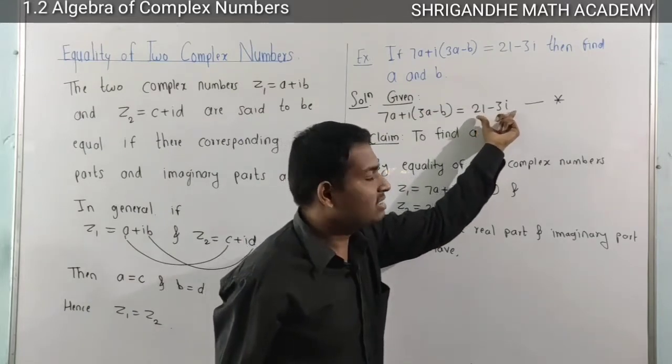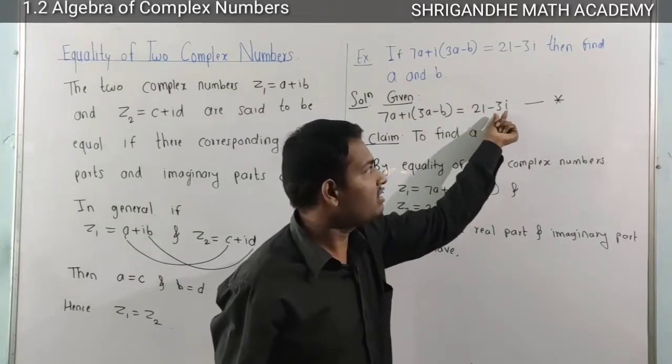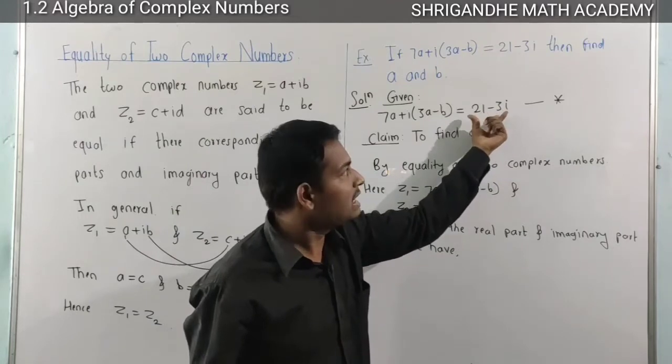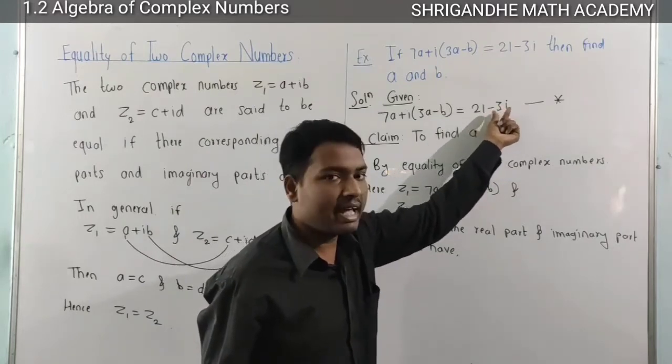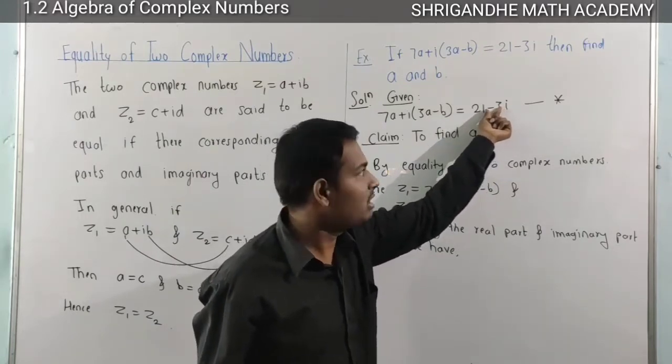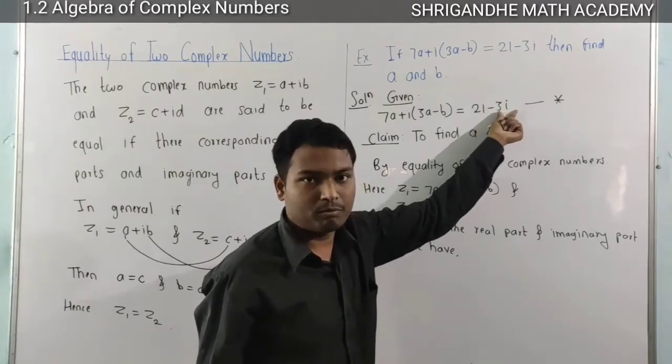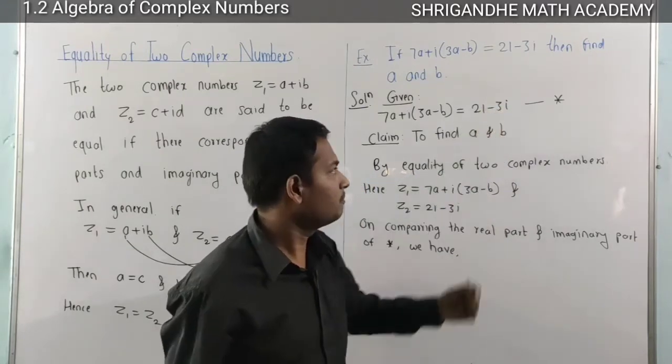Now in 21 minus 3i, the imaginary part is minus 3, because the number minus 3 is multiplied by the letter i, which is iota. Clear?